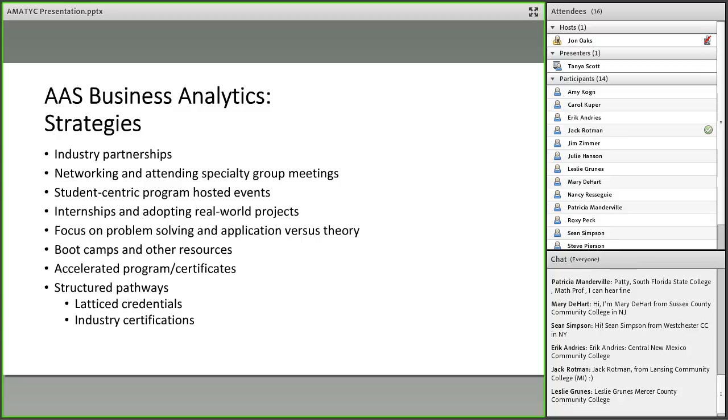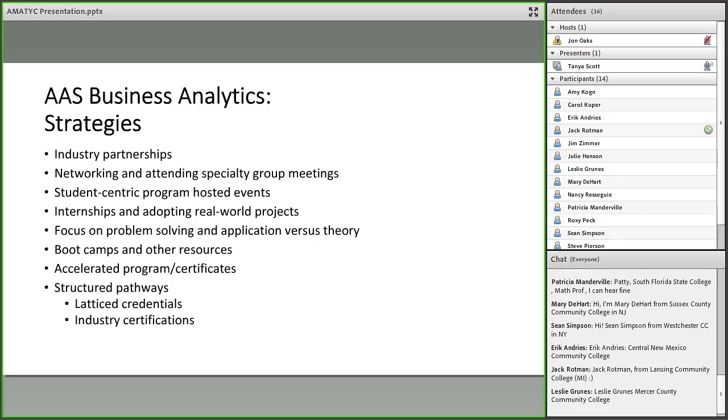We also encourage students to go out into the community and attend meetings provided by specialty groups like SAS user groups or TDWI, or what's called a TAG, the Triangle Area Analytics Group. There are many groups in the analytics community that students can become engaged in and become used to networking. And networking is really an important piece of analytics, at least here in Raleigh, North Carolina.